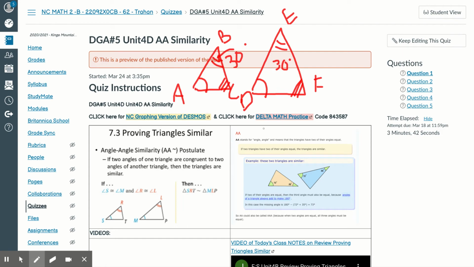Also, what we know about similar triangles is that their corresponding sides are actually proportional. What that means is they have the exact same fraction.